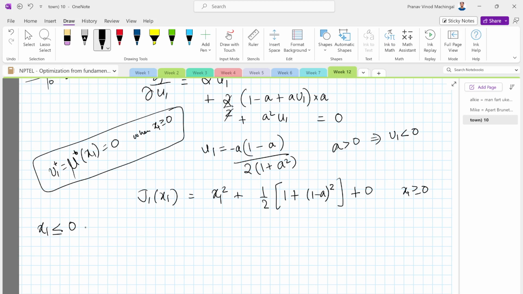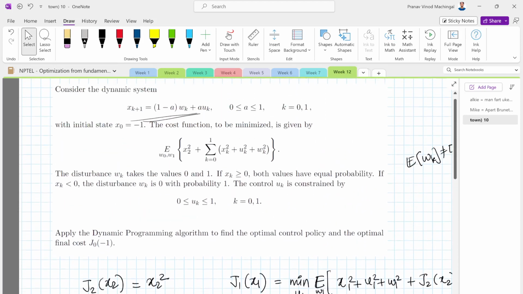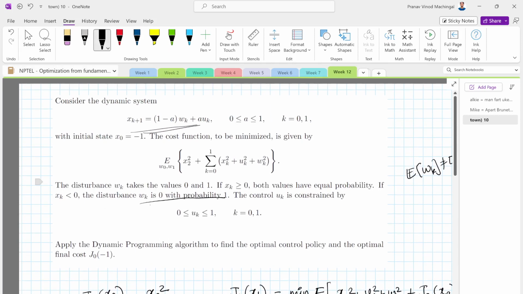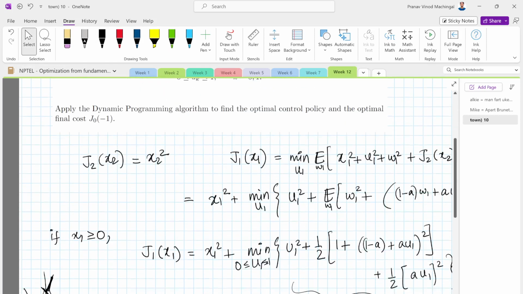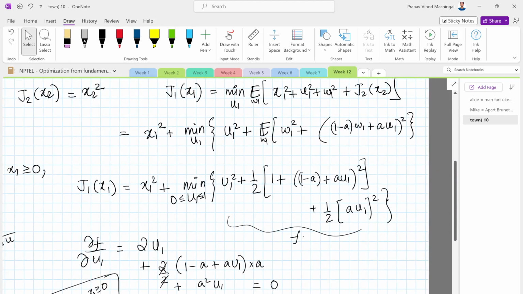When x1 is less than 0, then what we have is w is 0 with probability 1. So that means in this equation you can directly substitute w equal to 0.